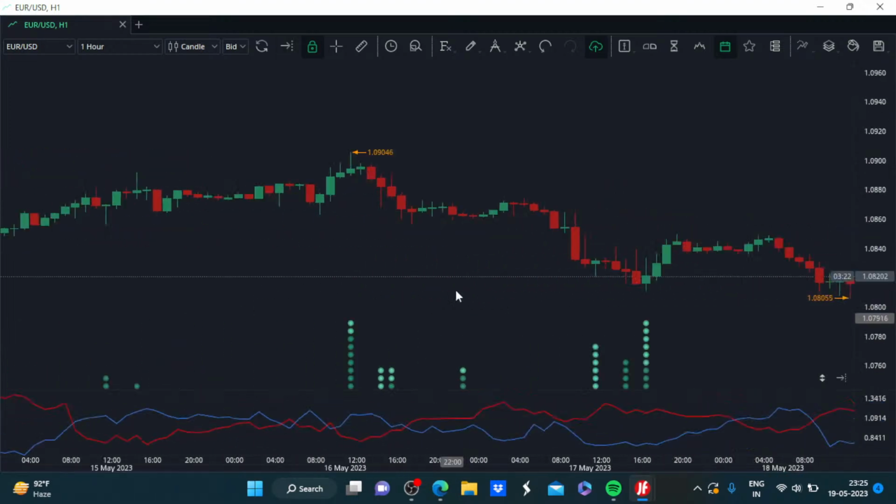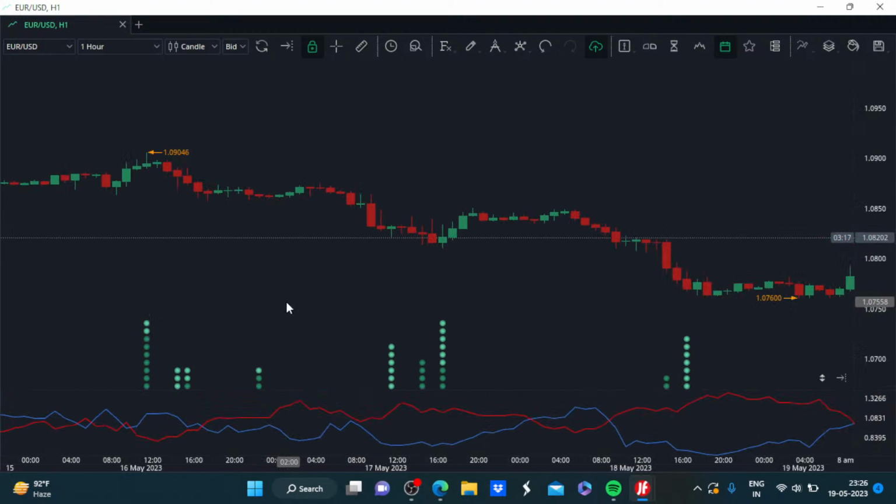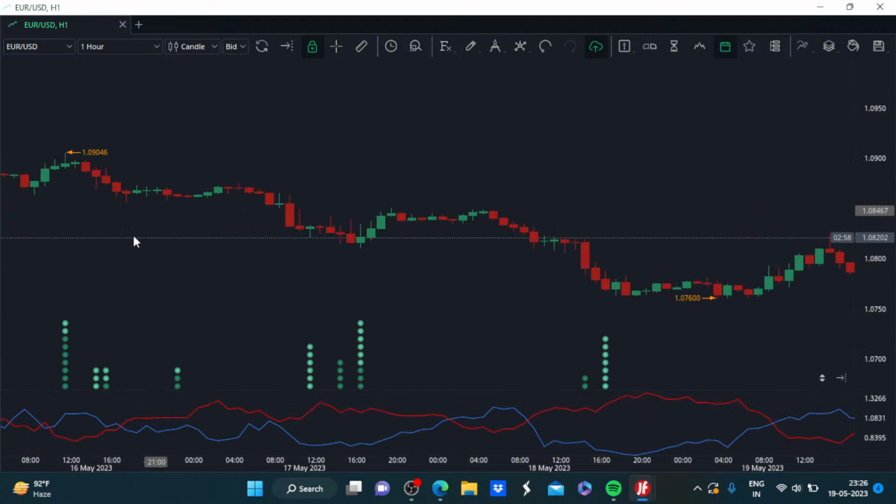But as I said, when the market momentum picks up, when things go clearly bearish, as happened in the second half of this week, we are going to get these largely profitable trades, where a significant amount of money could have been made if you were to rely on the signal generated on the 16th of May.